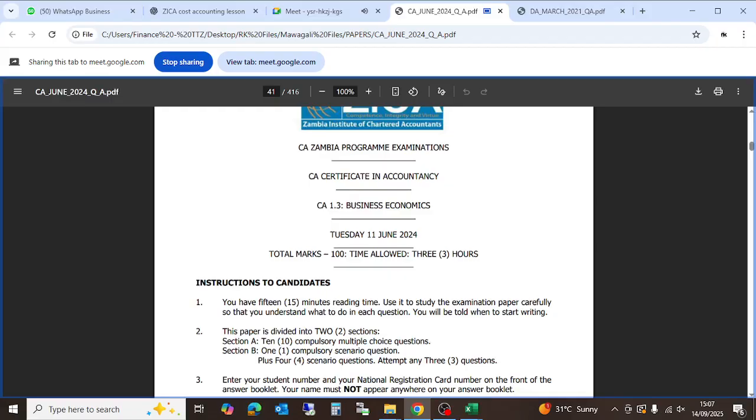Let's say, for instance, you're producing two products, product A and product B, but you're using the same material. Because you don't have enough of that material, you are stuck in between. You need to make a decision now, either to produce product A or product B, and then you say, okay, let me just choose product B.